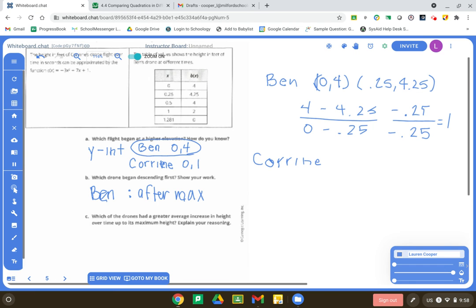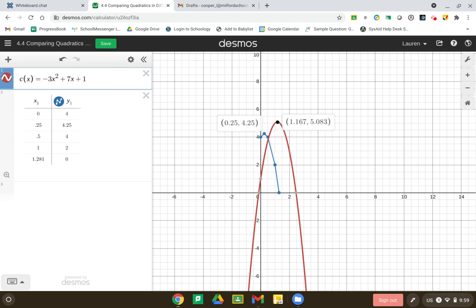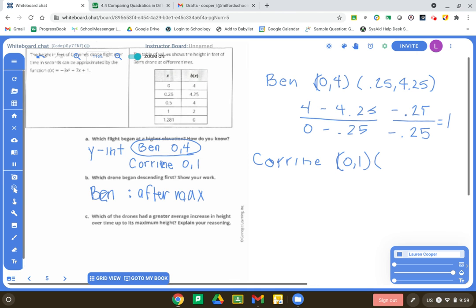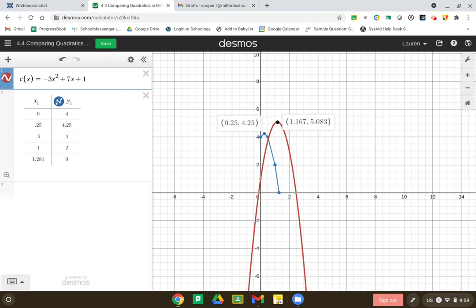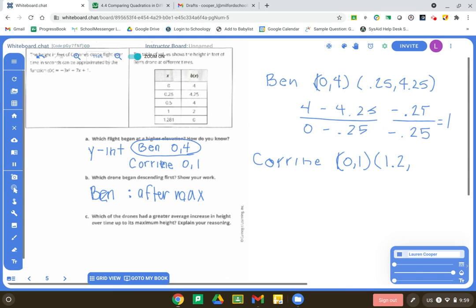I'll have to probably go back to that. So 0, 1, and then 1.167. I'm just going to round that to 1.2, and then I'll round to 5.1. It'll just be a little easier.